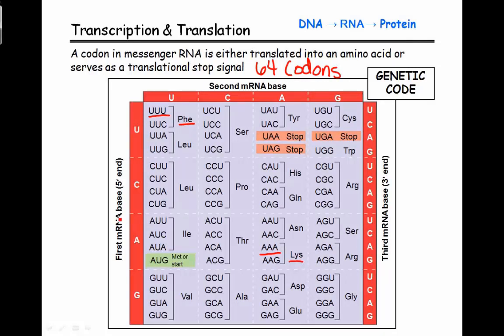Now, one of these codons, specifically this one here, AUG, is what we call a start codon. We call it a start codon because that will always be the very first codon that the cell is going to be reading through in that process of translation. Not only is it a start codon, but it does code for an amino acid.